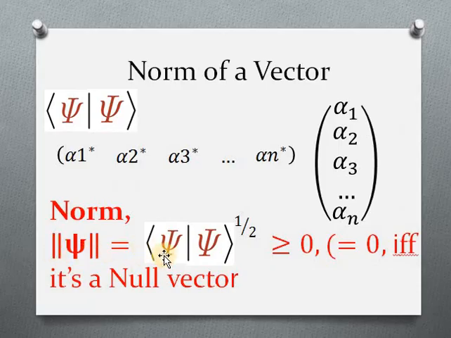And the norm basically means that you calculate the inner product of psi with itself, and whatever quantity you get, to the power half will give you the value. So it's like you are calculating the modulus squared and taking the root, a similar notion. Here it's important to note that as these are all complex conjugates of these numbers, once you multiply them all, what you get is a real quantity.